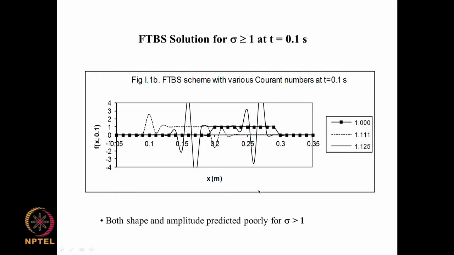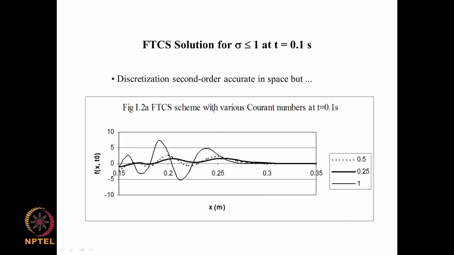Now you look at the other one, FTCS. We expect this to be more accurate than the FTBS scheme because this is second order accurate in space here, and here we are looking again at the same time of 0.1 seconds, and again with 3 different values of Courant number of 1, 0.5 and 0.25 here, and we should ideally be getting a pulse between 0.2 and 0.3 with an amplitude of 1.